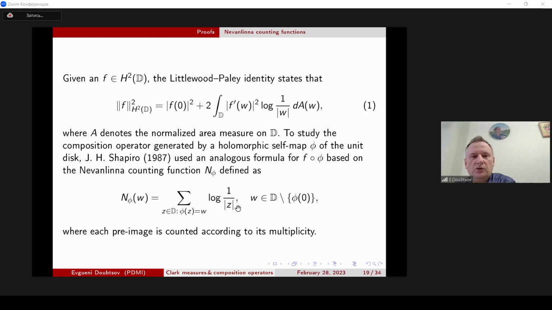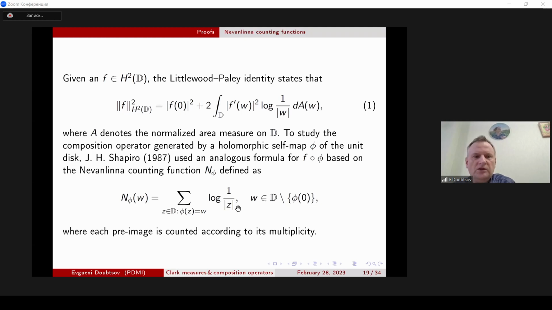Initially, for Joel Shapiro, the question was just to characterize compact operators. And of course, if we have a formula for the essential norm, then the operator is compact if and only if the corresponding expression is equal to 0.